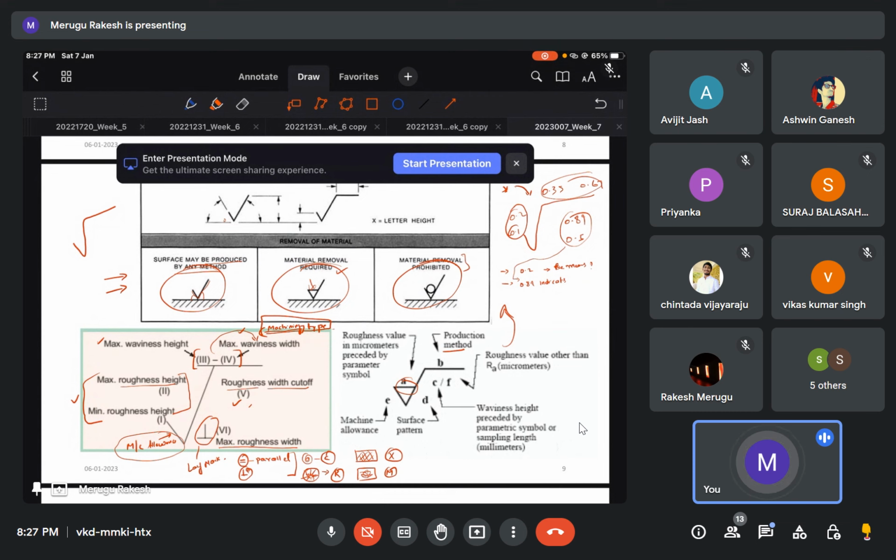The length scale varies in these things, but the parameter remains the same. It measures straightness if you take one direction, and if you take two or more directions, it measures flatness.